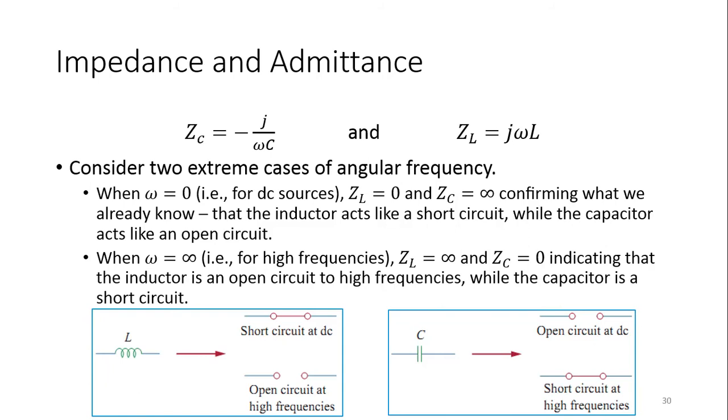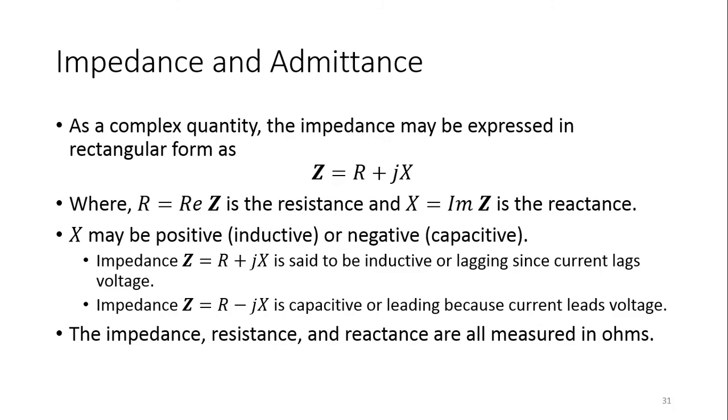We have that j operator with them, whereas with resistors there is no imaginary operator, so it is a real number. And when resistor and capacitor, or resistor and inductor, come in series or parallel, the resulting impedance would be a combination of both. So it would have some real part as well as some reactive part.